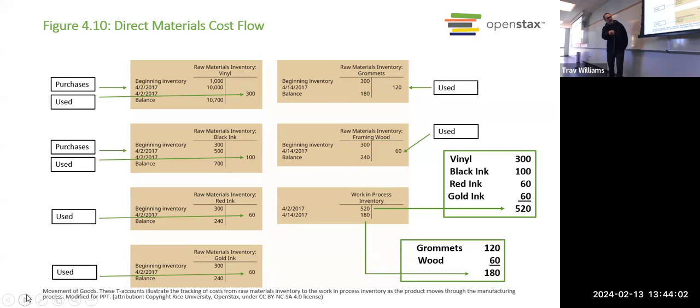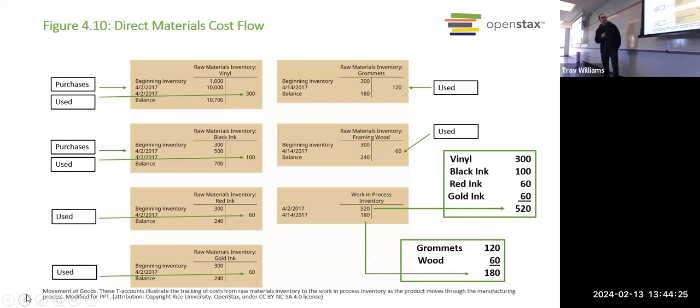And you see that got added to the work in process inventory account. And then later on, on a future date when they're ready to add the grommets and the wood, they added those costs also to the work in process inventory account for that particular job.